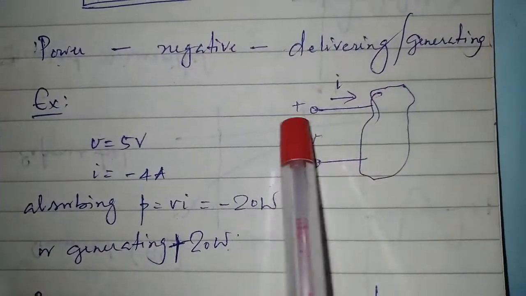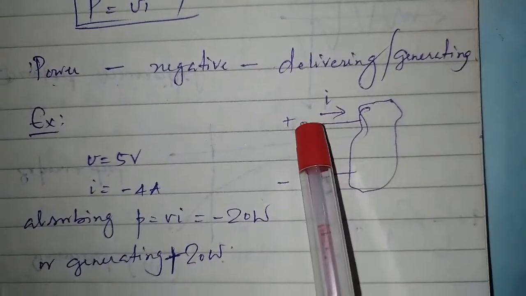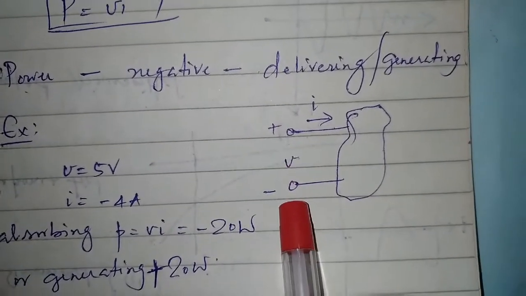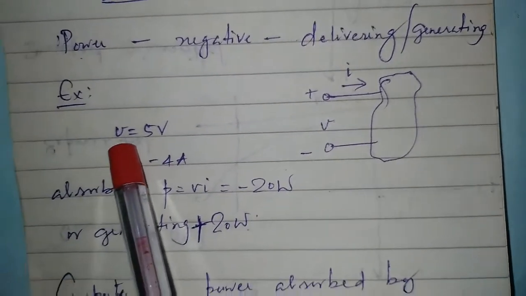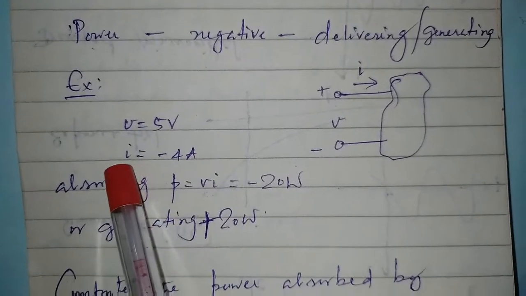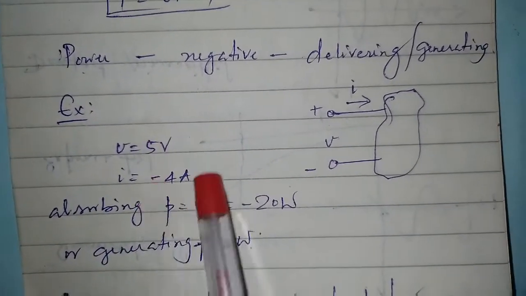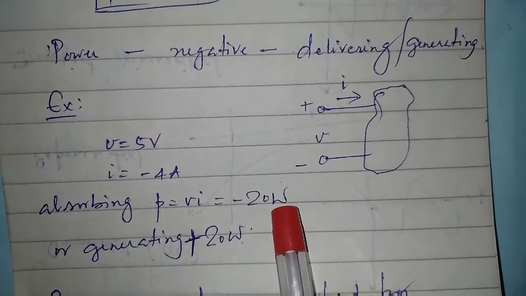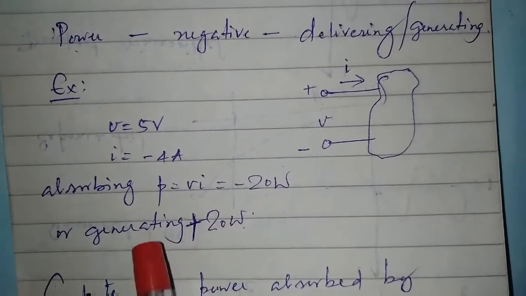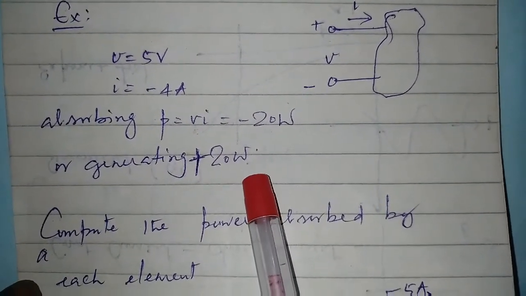A current I enters through the terminal marked positive, and a voltage V is sitting between this terminal pair. Let us say, for example, V is 5 volts and I is minus 4 amperes. Then the absorbed power is simply the product of these two quantities, minus 20 watts. Alternatively, generated power is plus 20 watts.